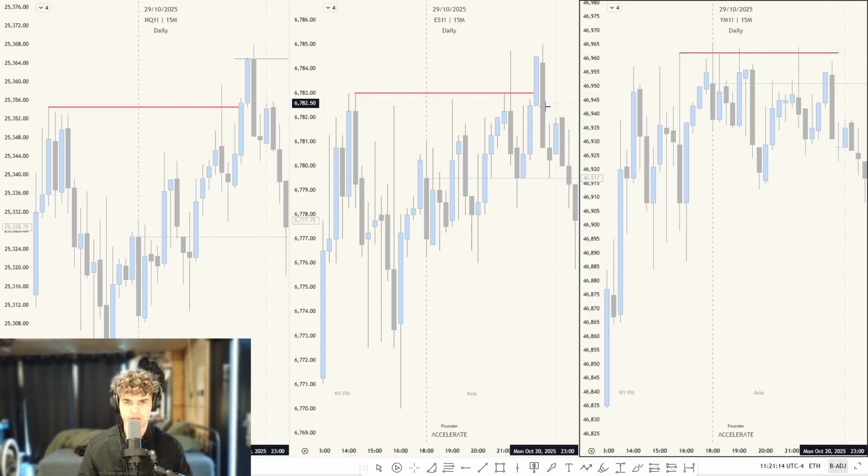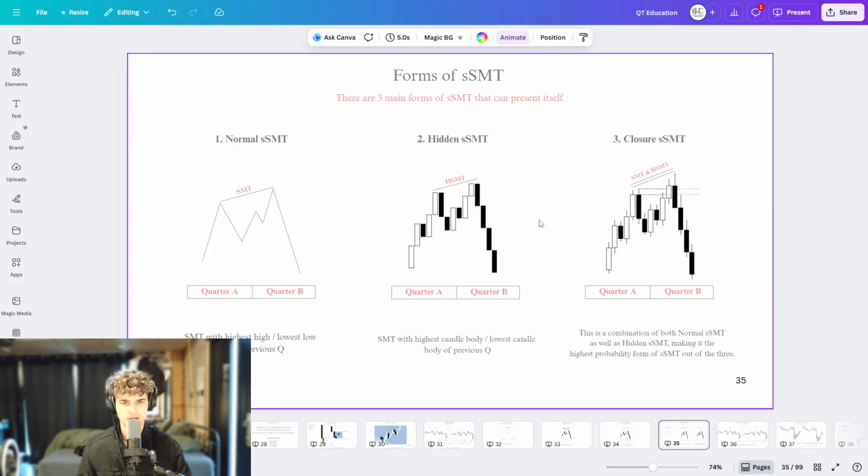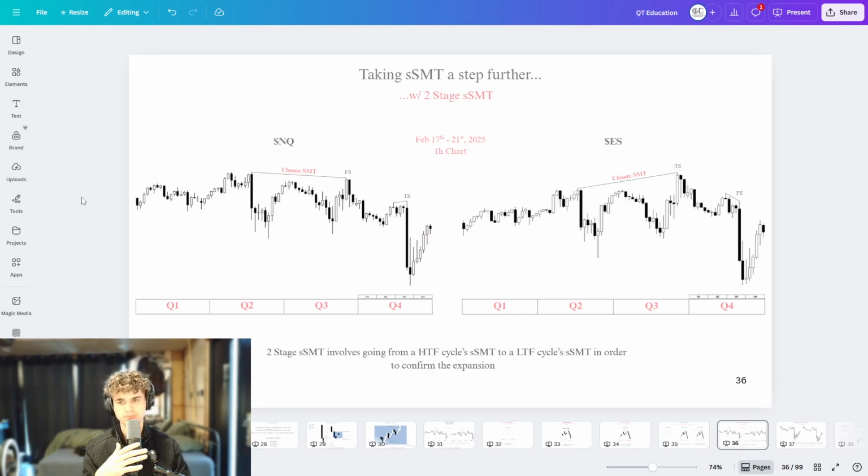This is lower probability. It would have been higher probability if we also had the bodies and the wicks, like everything lined up. Does that make sense? Because look here, it's hidden because the bodies are over, and normal because the wicks are over, right? So both. Make sense?